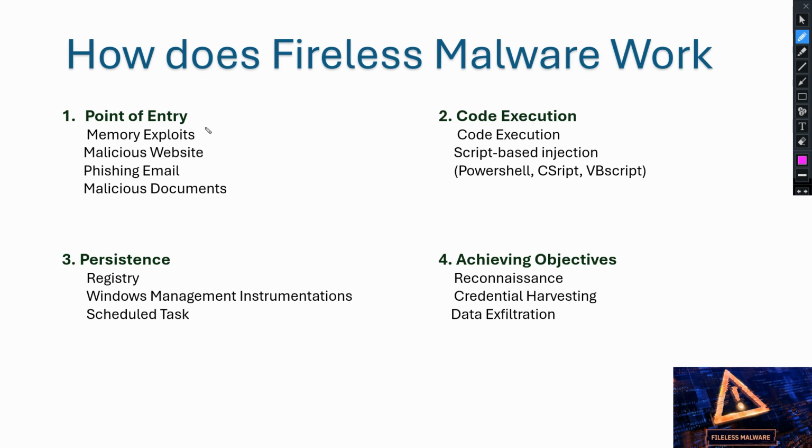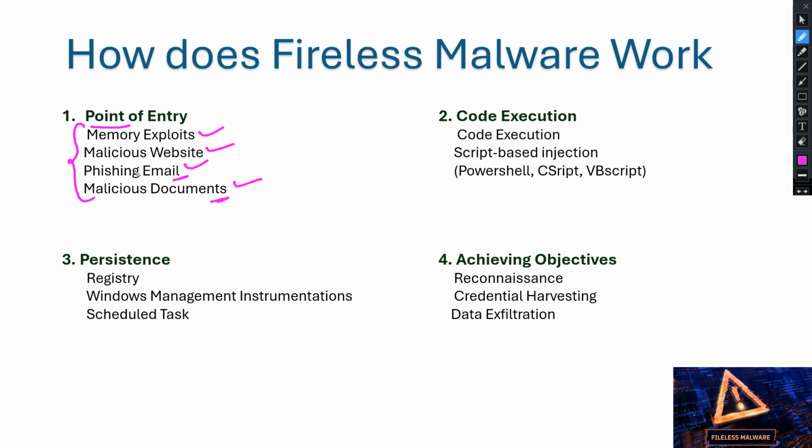would be memory exploits, malicious websites, phishing emails and malicious documents. As I already told you about the propagation techniques, like through emails, through specific web browsers. Okay, so these are the points of entry, where we have memory exploits like phishing emails and malicious documents.